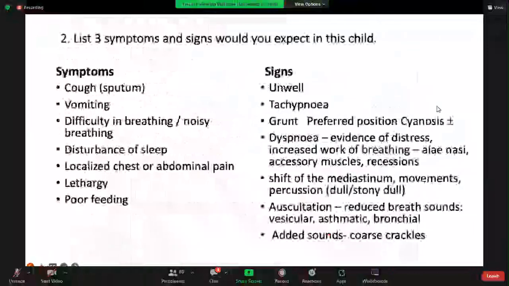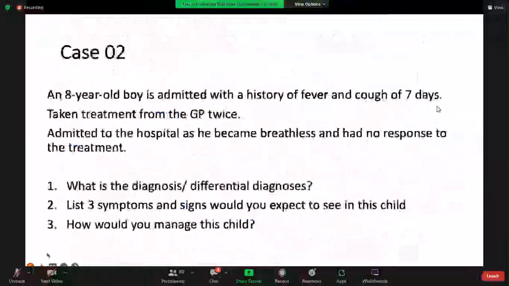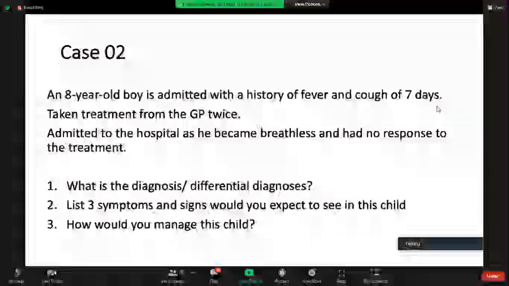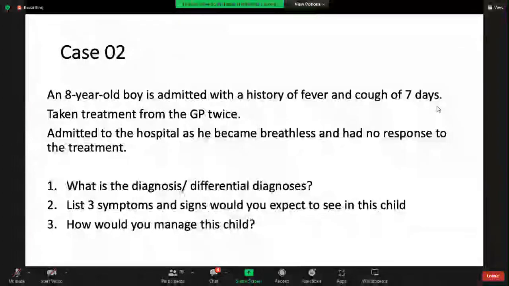So how would you treat? Quickly, list out the principles of management.